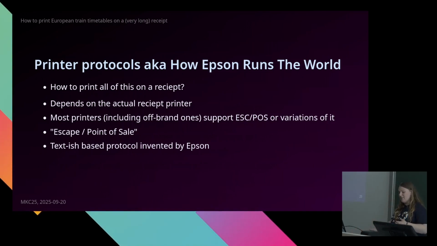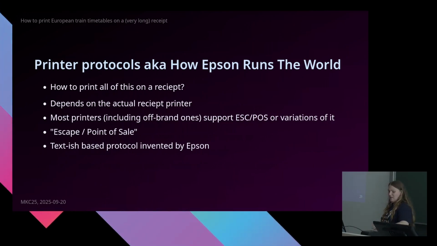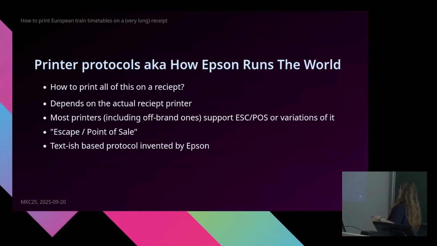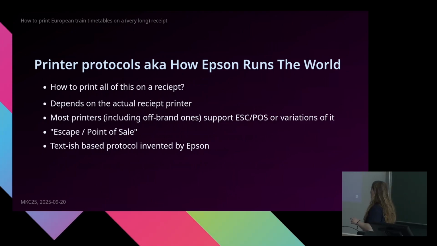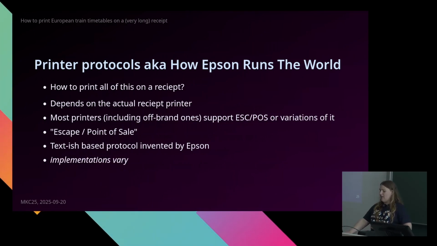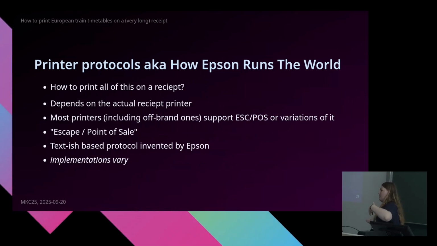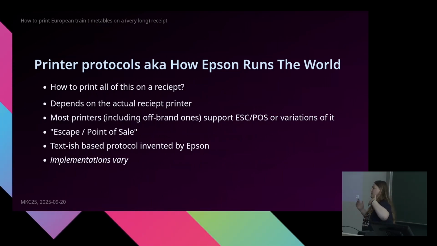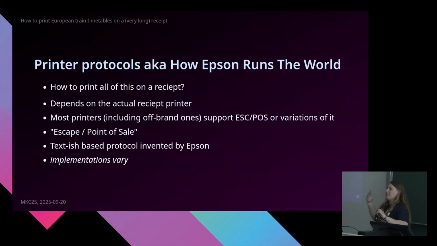So it's a text-ish based protocol by Epson. Basically, the text that's being sent is being rendered as is, and then there's also control sequences which can send commands to the printer. Implementations vary, especially for off-brand printers. We have no guarantee that things are going to work as they should, but most of the time it works.